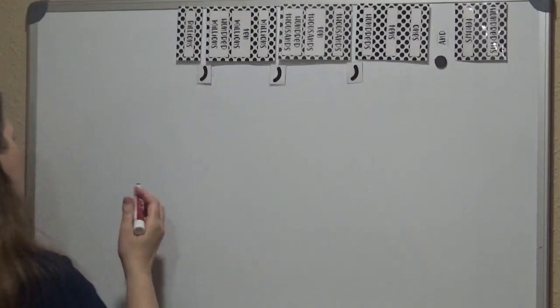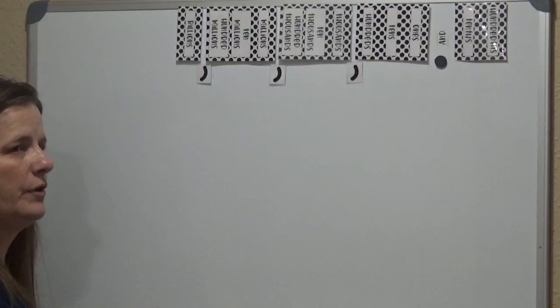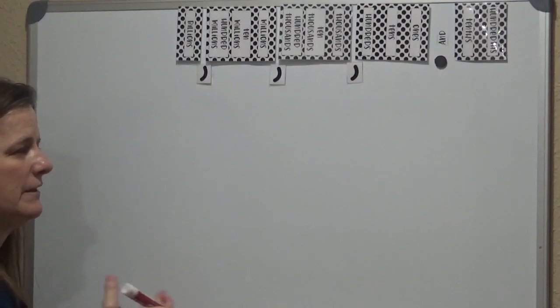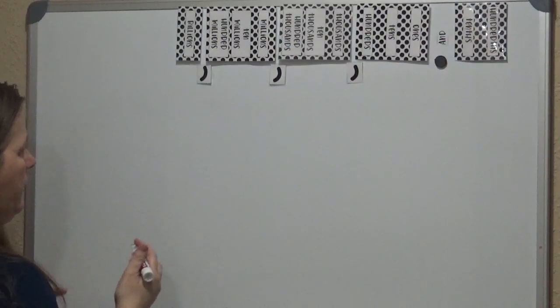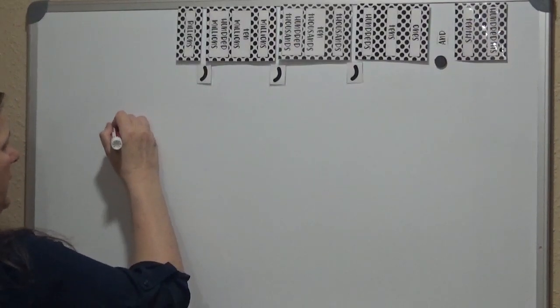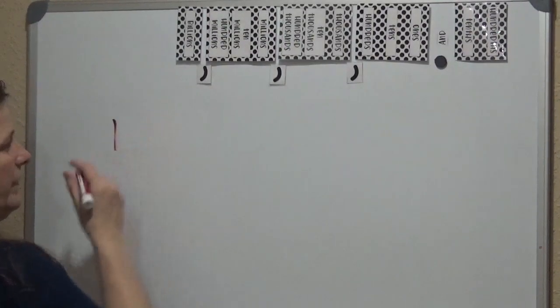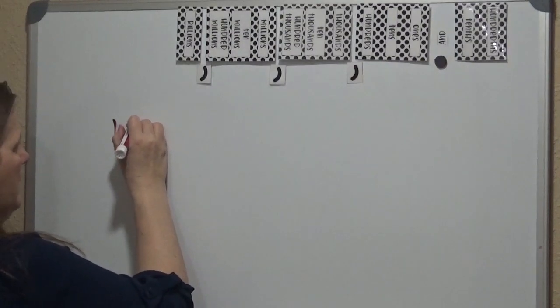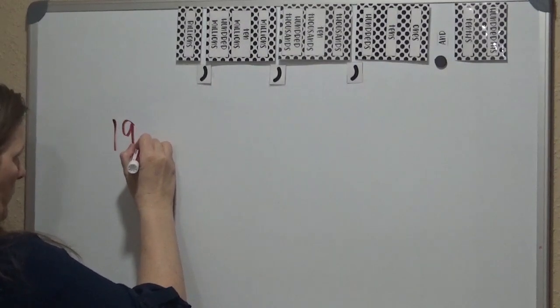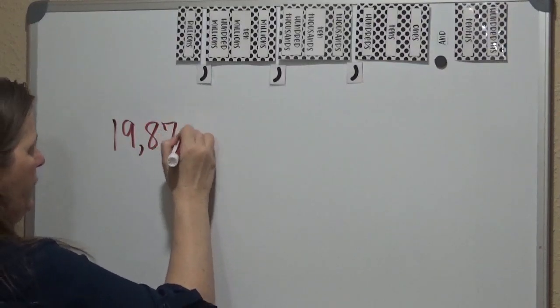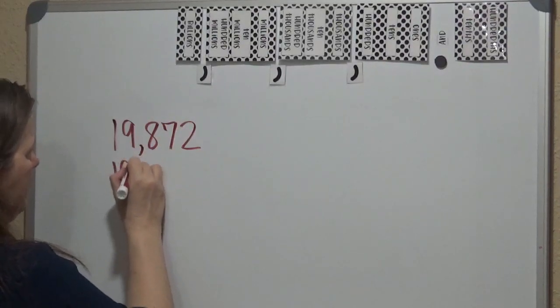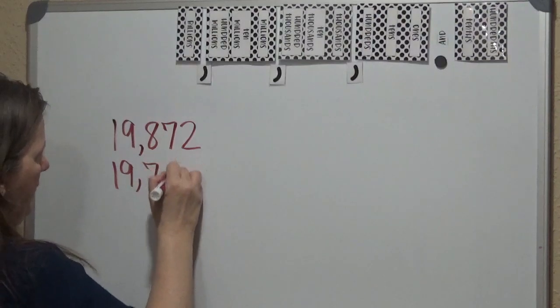So let's try a number in the 10,000s place. The numbers are usually similar. They kind of want to change them around in the hundreds place or the thousands place. So we got 10,000, and sometimes it's like 19,872, 19,782.